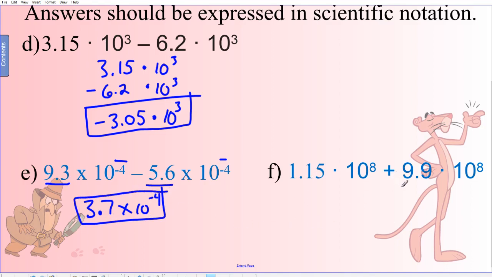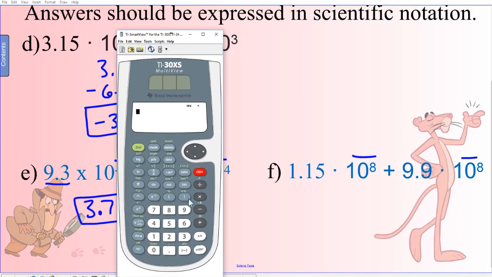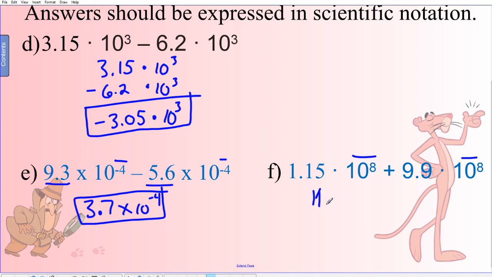Letter F. We're adding, same power of 10, so you just add the decimal pieces together. 1.15 plus 9.9 equals 11.05 times 10 to the 8th, and we have a problem. This is not scientific notation.